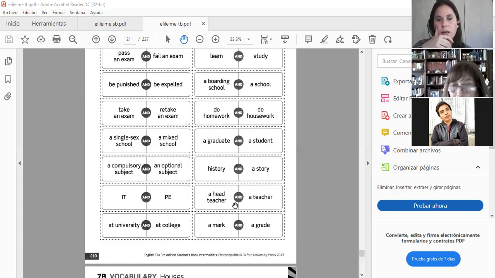A teacher, there are a lot of teachers that teach different sciences, and a head teacher is one, and manda. They have the authority of the school. Very good. The principal of the school.